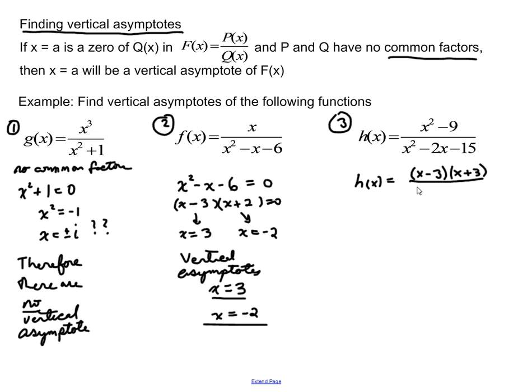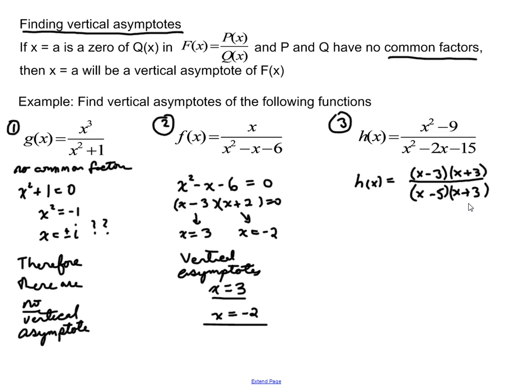In my denominator, I'm going to have to look for two factors whose product is x squared minus 2x minus 15. I know both binomials start with x to give us x squared, but what gives us negative 15 as a product whose sum is negative 2? Yeah, you got it. Negative 5 and positive 3.